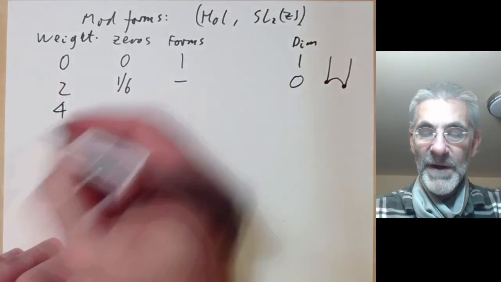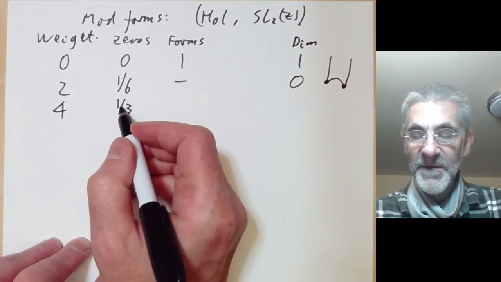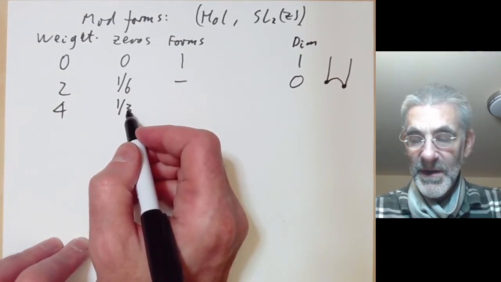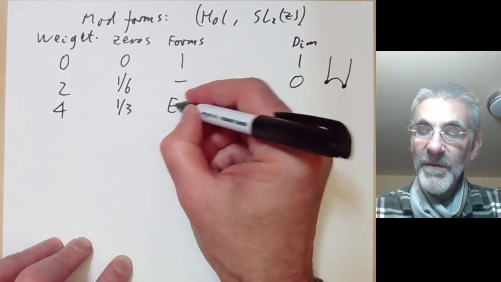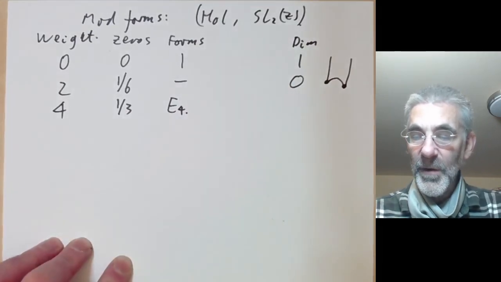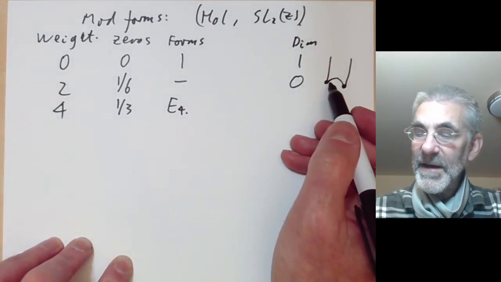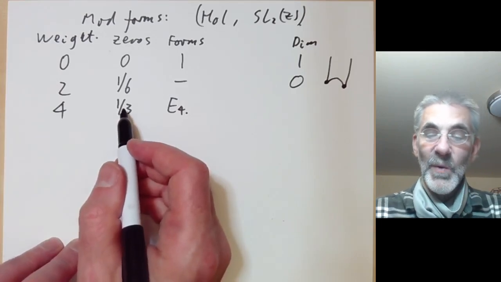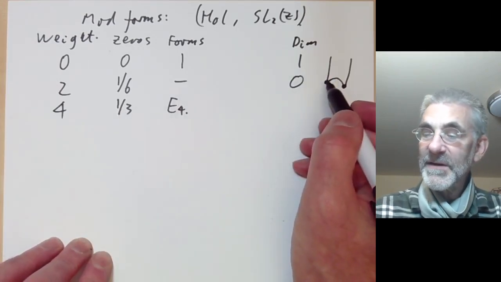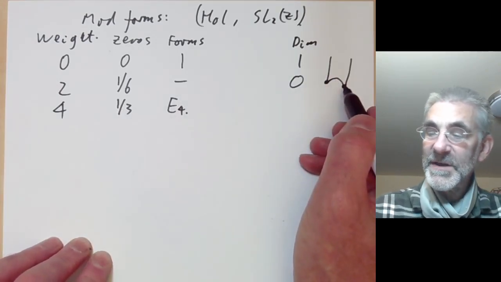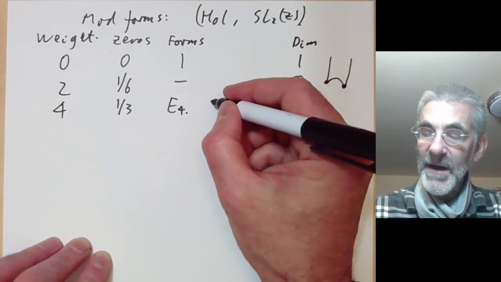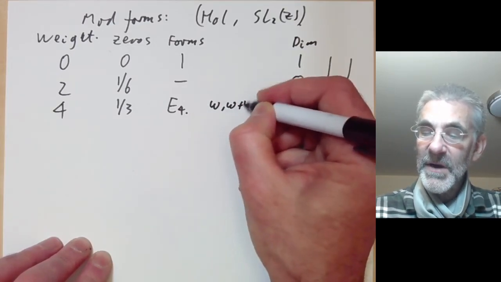What about weight 4? Well, here the number of zeros is 4/12, which is a third. And we know of one form, which is E4. And as we said, the only way to get 1/3 of a zero is to have 1/6 of a zero at omega and 1/6 of a zero at omega plus 1. So here it must have zeros at omega and omega plus 1.